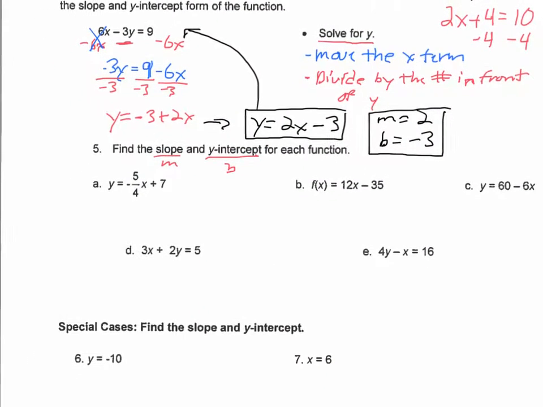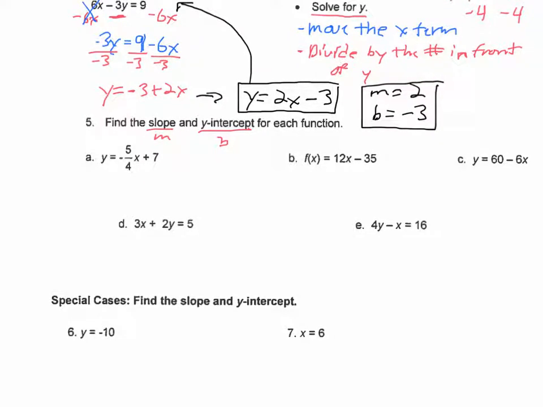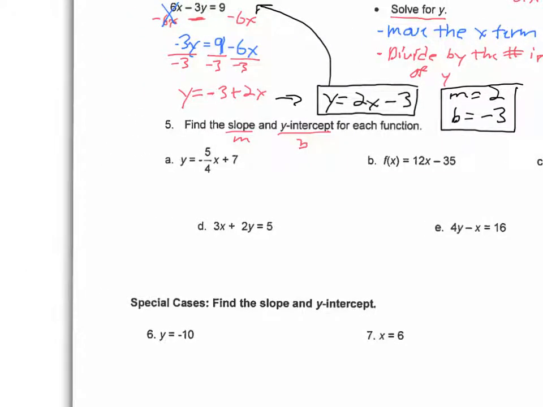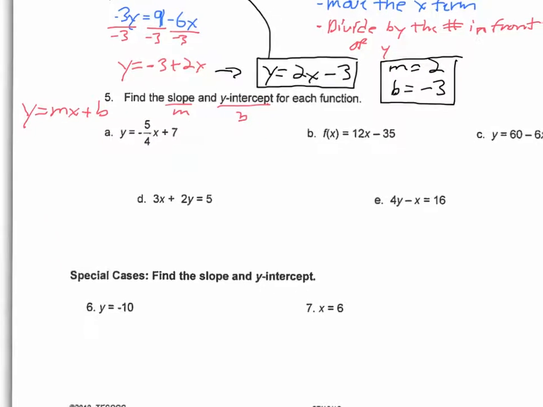So if you can remember that slope is m and y-intercept is b, and that you have the equation y equals mx plus b, then you can answer these questions very easily.